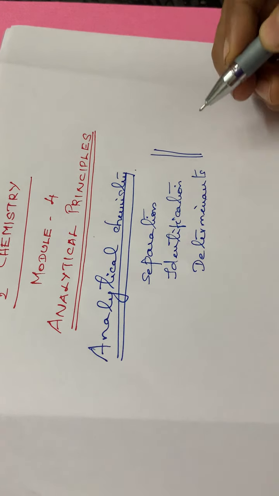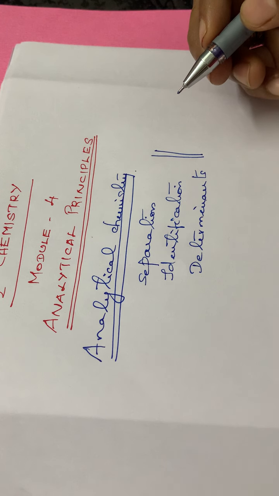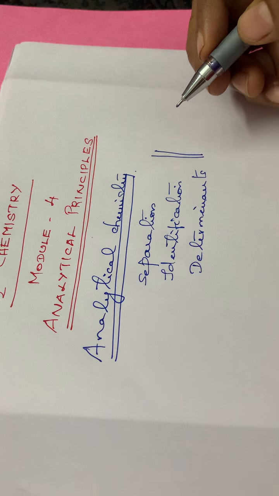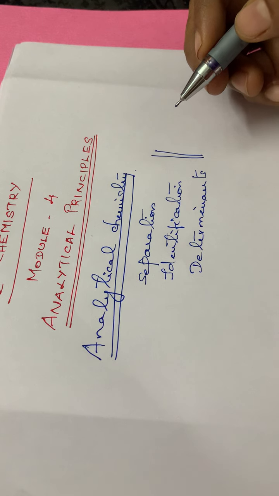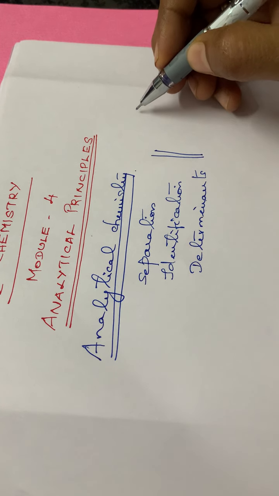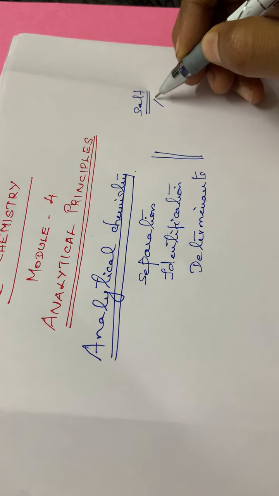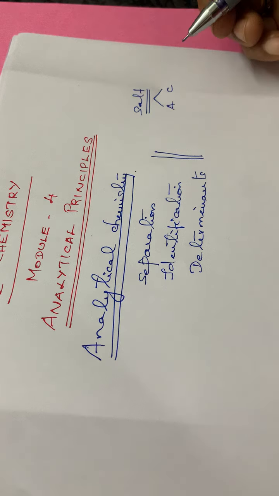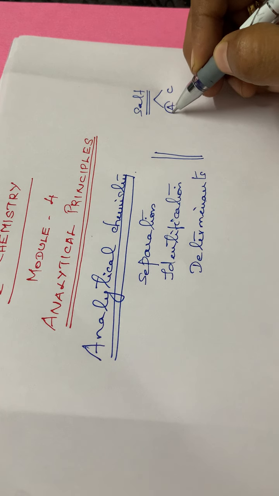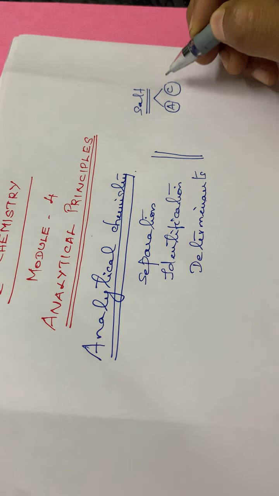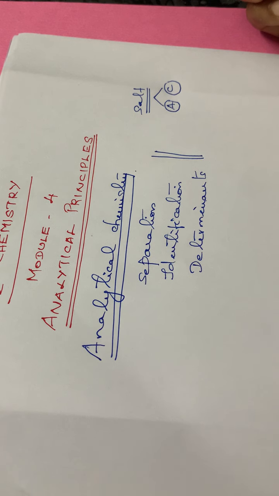See, suppose you might have done in your plus 2 classes practicals, that is identification of cations and anions, isn't it? In a mixture or in a salt. In a salt means it will be having both anions as well as cations, isn't it? And also you have to identify the anions and the cations present in that particular salt.